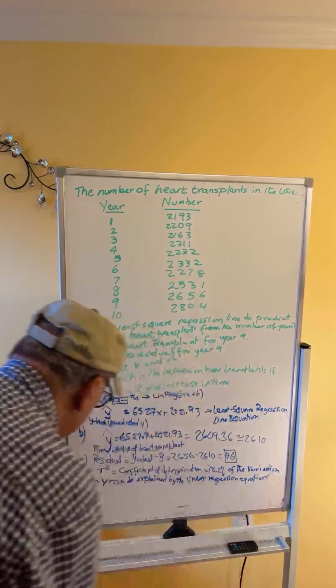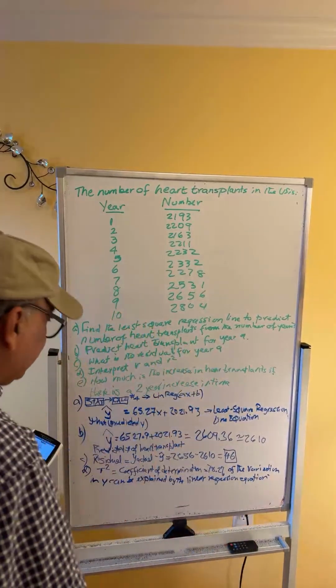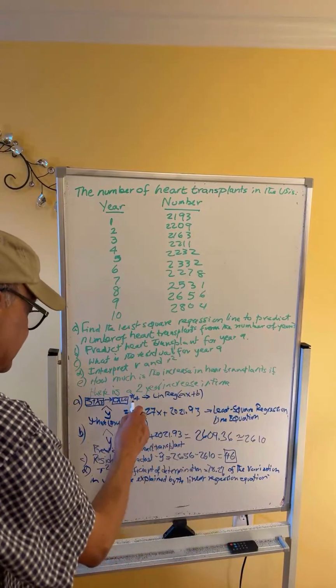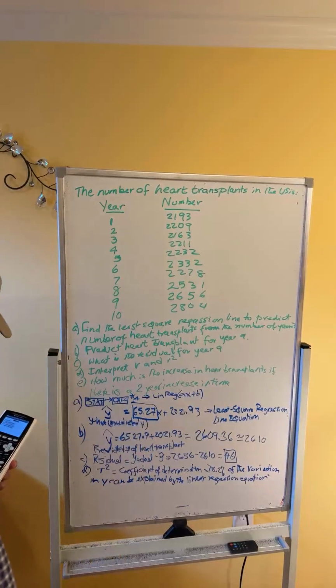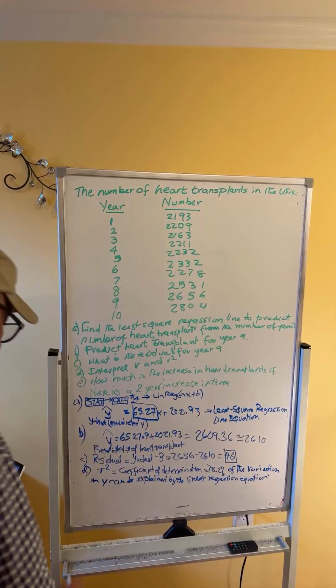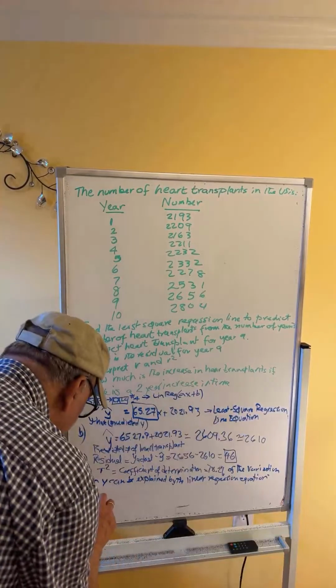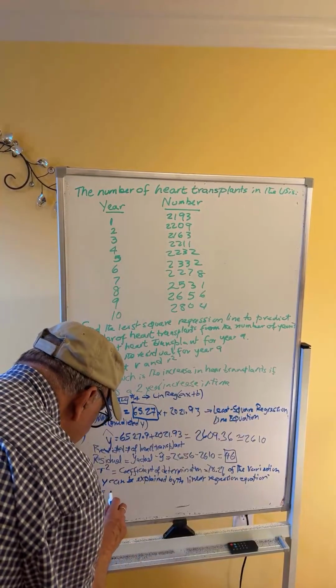Okay. Then we also get a value of r. Notice here the slope is positive, 65.27. So the r value, r is the correlation coefficient, is also positive.